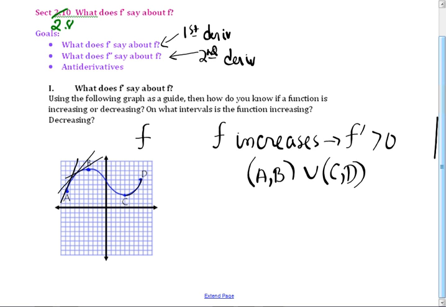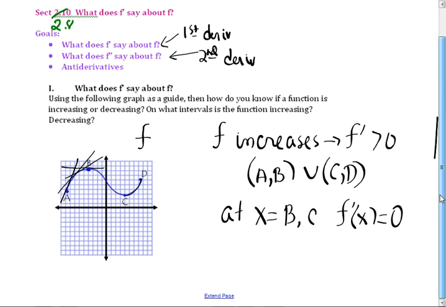Okay, what about the endpoints? You have to look at the context of the problem. Most of the time, I'm going to say leave them open, but sometimes you have to close them. So read the problem carefully to see if you're going to close them. Because in particular, at x equals b and c, f prime of x is equal to 0.